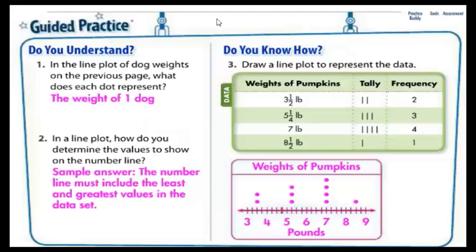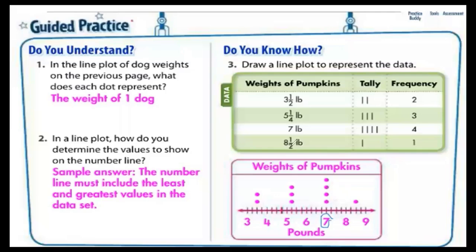Now, number 7, I think it's easy to help you here. In number 7, look, number 7 here. Yes, 4 frequency. I'm going to draw 4 bolded dots over 7. 1, 2, 3, 4.